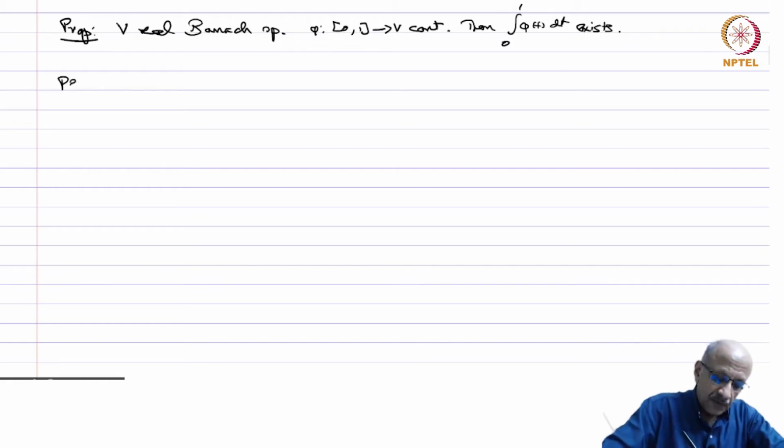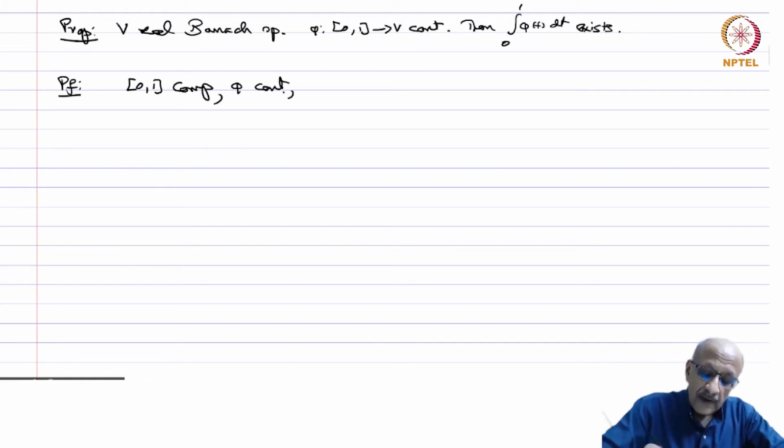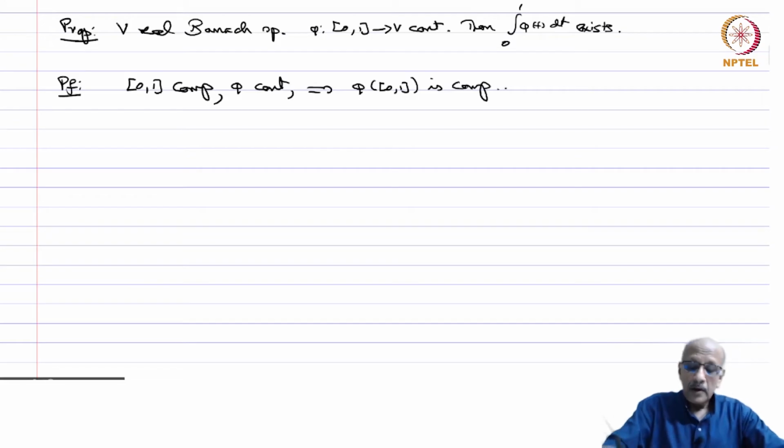So proof. Okay. So 0 1 is compact, phi is continuous, implies phi of 0 1 is compact. Continuous image of a compact set is compact.